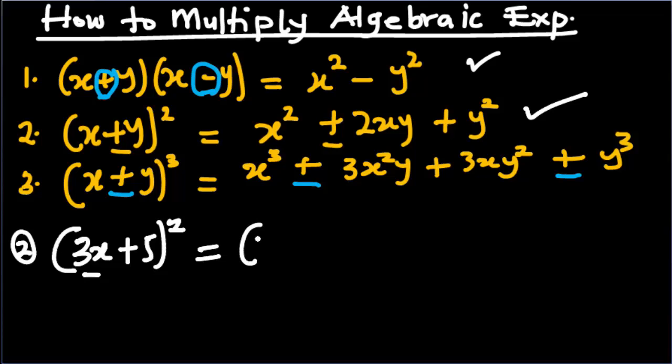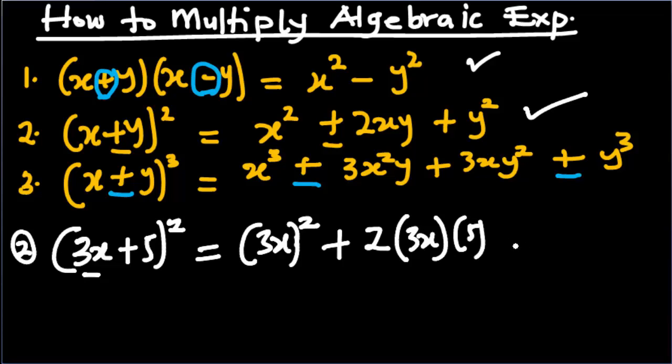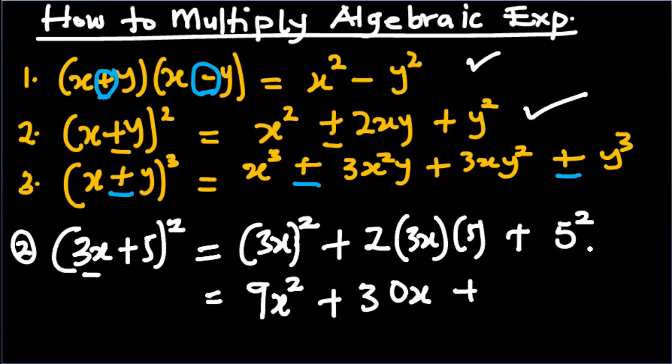So we have (3x) squared plus 2 multiplied by the product of the two terms, that is 3x times 5, plus the square of the last term, which is 5 squared. When you tidy up, you have 9x squared plus 2 times 5 is 10, 10 times 3 is 30, so 30x, then 5 squared gives us 25.